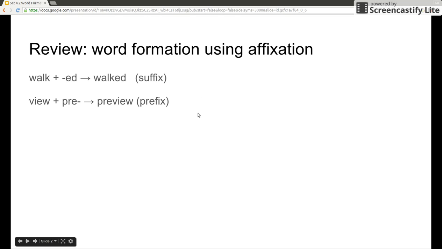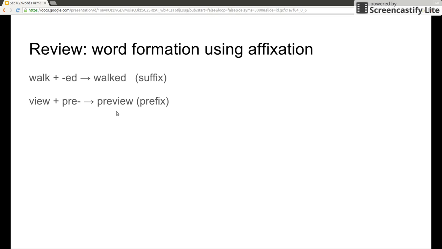We have suffix, prefix, and in other languages other than English, we have circumfix and infix. So here's a review. We have suffix, work plus ed, we have the past tense worked. And we can have a prefix to make a new word, view, and the prefix pre, we have preview.